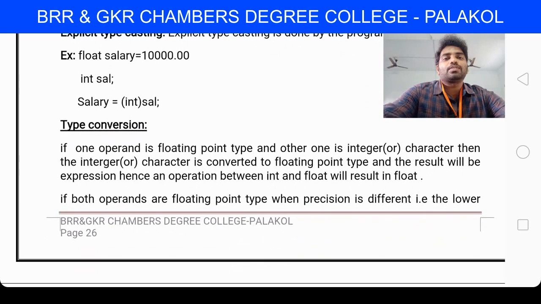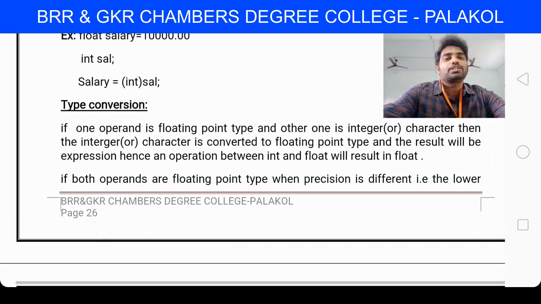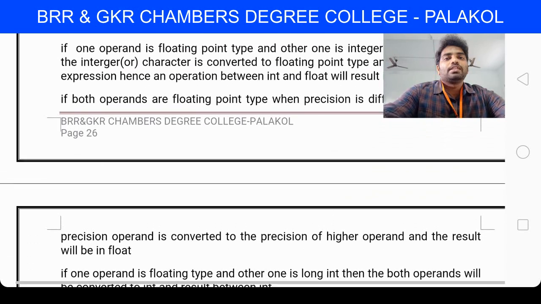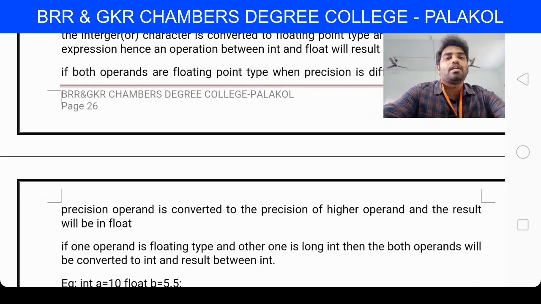Okay, this is the total implicit type conversion. If one operand is of floating point type and the other is a character, the character is converted to floating point, and the result of the expression is float. Okay, when both operands are floating point with a precision difference, the lower precision operand is converted to the higher precision operand's type.